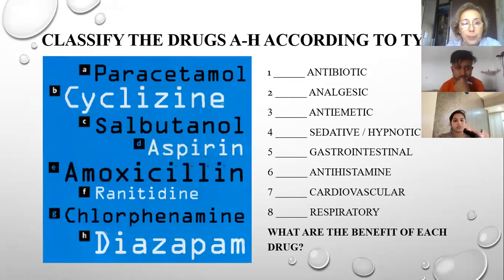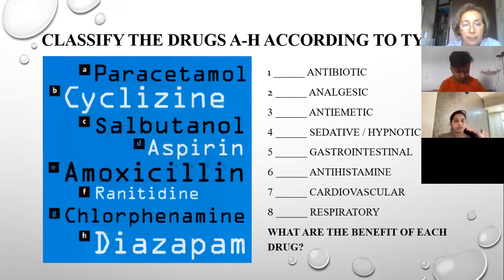The names are paracetamol, cyclizine, salbutamol, aspirin, amoxicillin, then there is ranitidine, chlorphenamine, and diazepam. I think these drugs are familiar to you. They are very popular and commonly used everywhere.